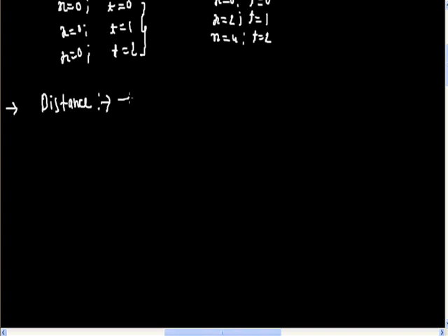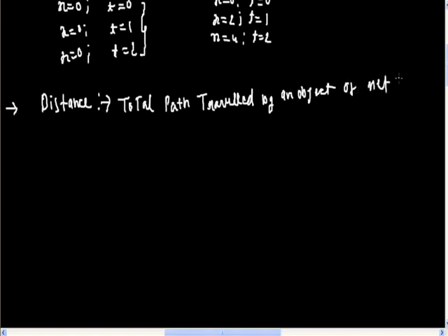The total path traveled by an object, or net path covered or traveled, is known as distance. It means the net actual path an object travels, this path, this length, is called distance. The total path traveled by an object.